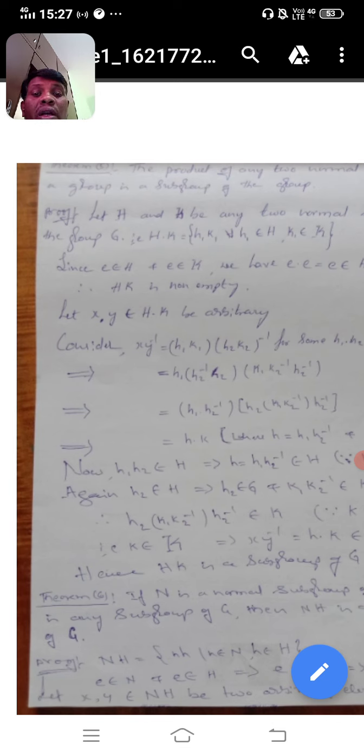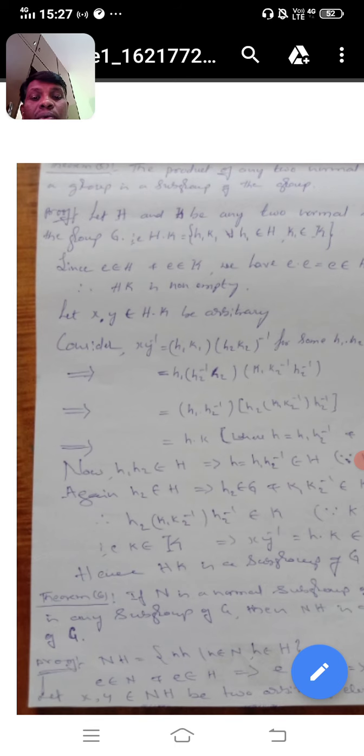Non-empty means at least one element belongs to the given set. So it is non-empty. Let elements x, y belong to HK be arbitrary.